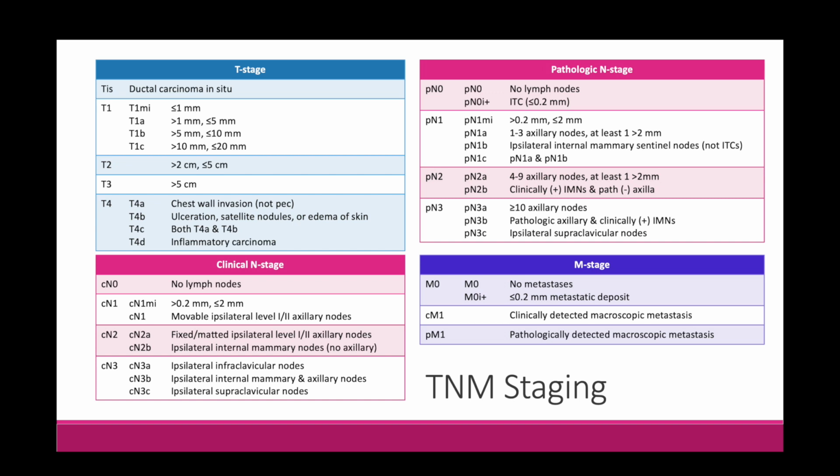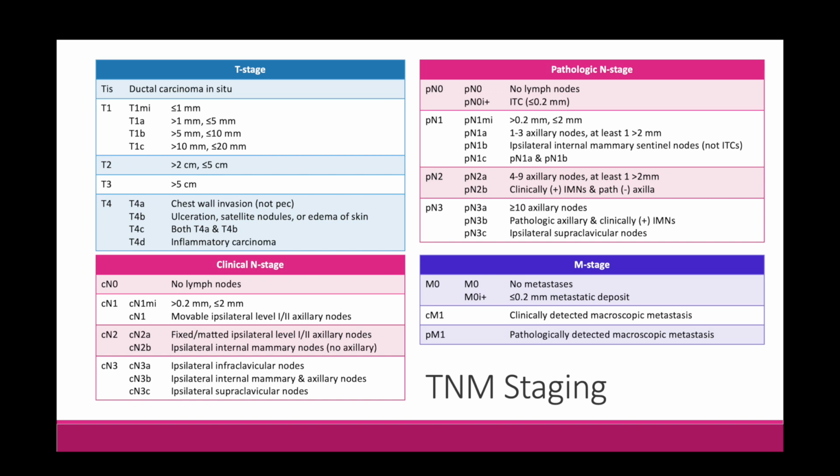The way that I was taught to write my note when we're evaluating these breast cancer patients and writing their H&P note, I was always taught to write the full clinical stage, so cT, cN, cM, followed by the pathologic stage if they had already had surgery at the time of consult, so pT, pN, pM. And I always wondered why we do that, but I understand my attending's explanation and it makes a lot of sense.